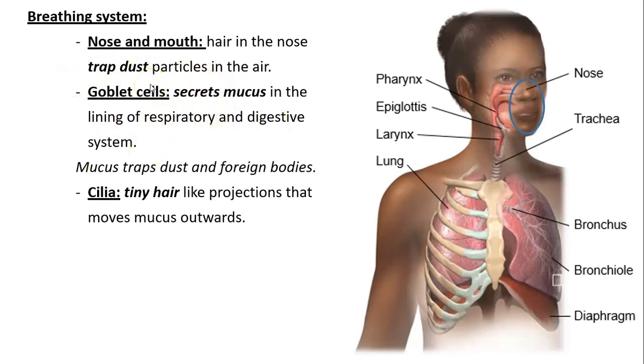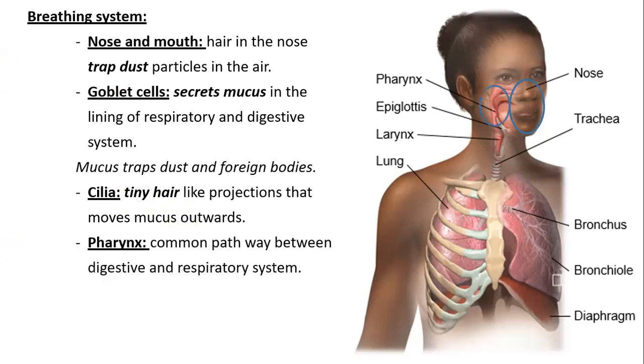So the goblet cells secrete mucus that is responsible for trapping any dust or foreign bodies and preventing them from entering our breathing system. And then the cilia will push this mucus that has all of those unwanted things trapped in it outwards, through the mouth or through the nose. And these are very important barriers that will protect us from infection.